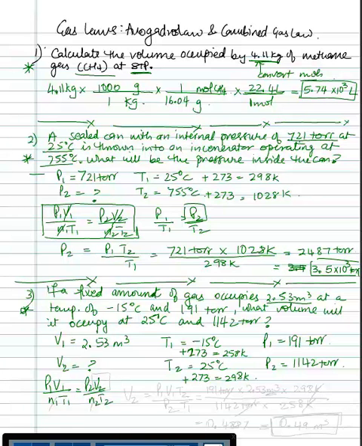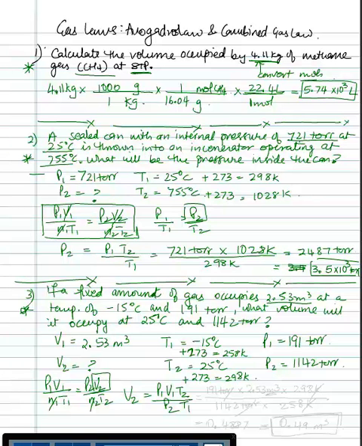It says a fixed amount of gas, which means we don't need the moles, and we're calculating for the second volume, V2. So V2 is equal to P1 V1 times T2 divided by T1 and then P2. The only reason I wrote T1 under T2 is because of the units, that way I keep track of everything.